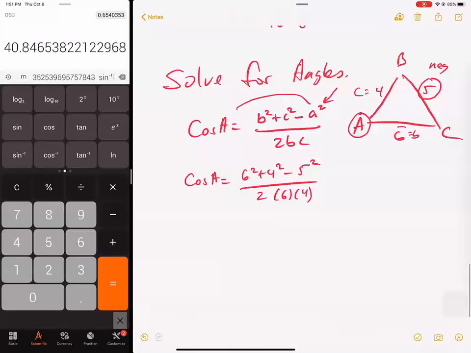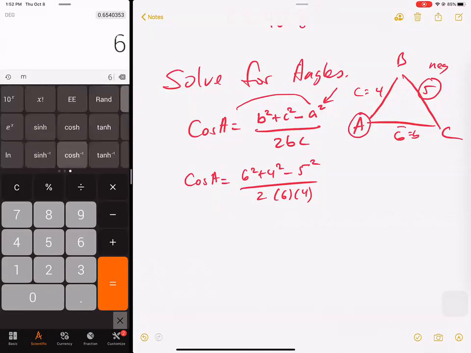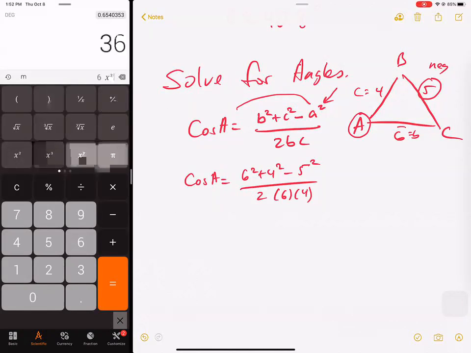Now, all this stuff is calculator work. So please follow along as I type it in the calculator. You can type it as you see it. If you want, you can put parentheses to be safe. So it's going to be 6 squared plus 4 squared minus 5 squared equals, which gives me 27 on top.